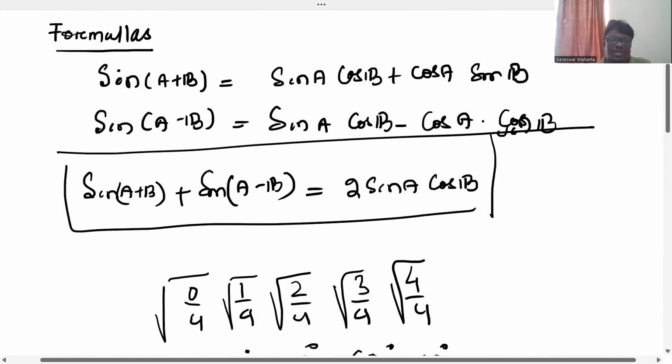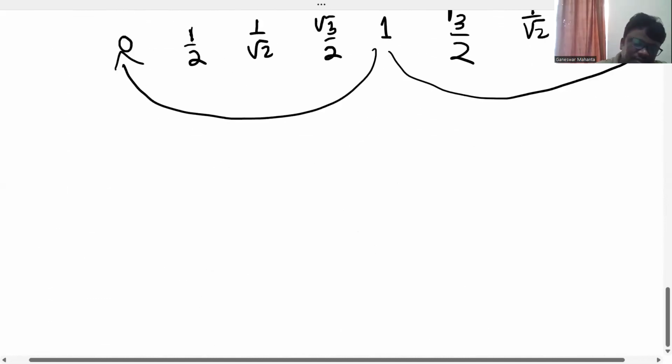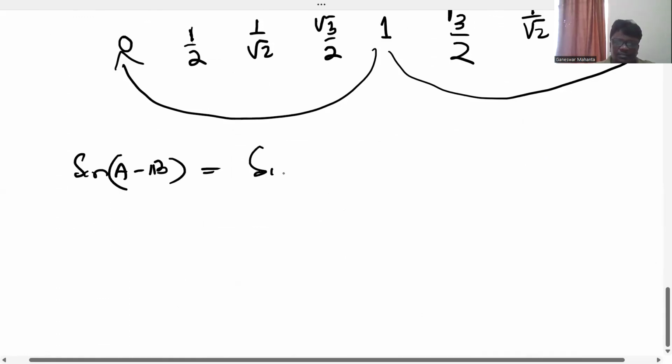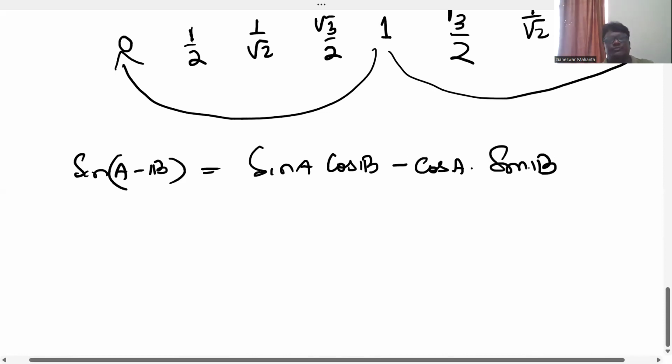Sine A minus B is sine A cos B minus cos A sine B. That is the formula you have to put here.